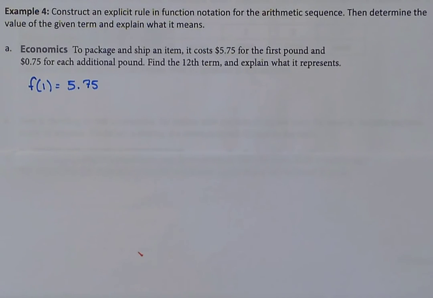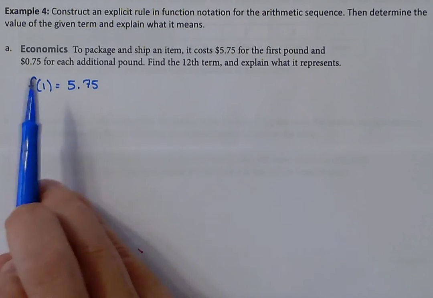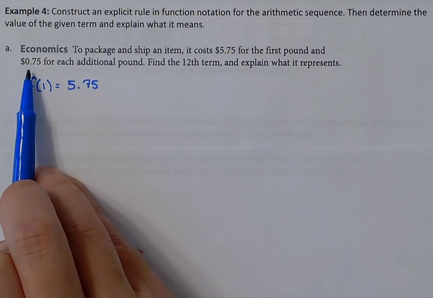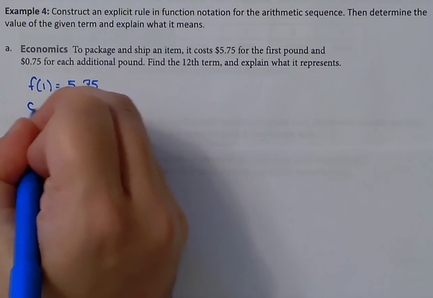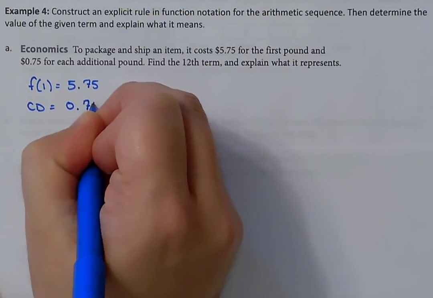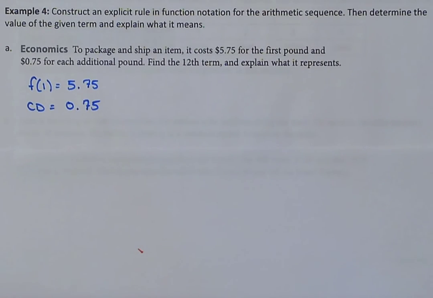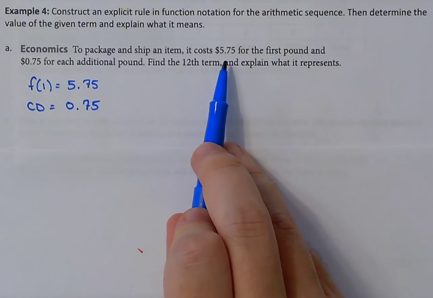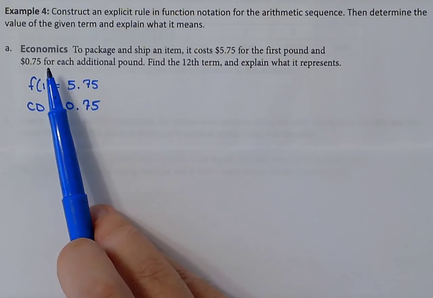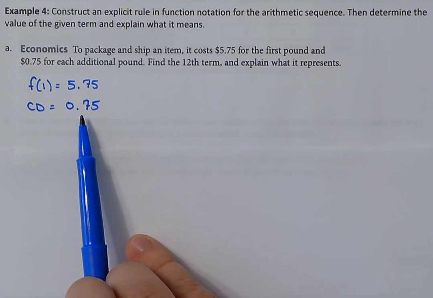Now my common difference is how much it costs for each additional pound, which is 0.75. So that means my common difference is 0.75. So first pound is 5.75, and my common difference is each additional pound is 75 cents.